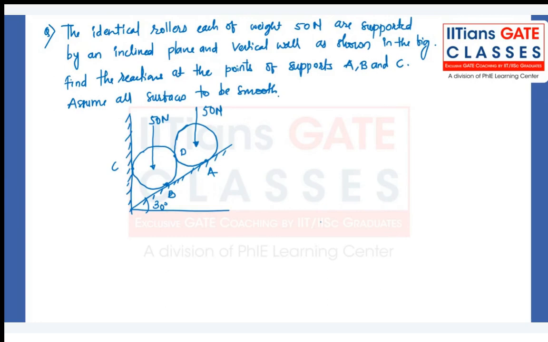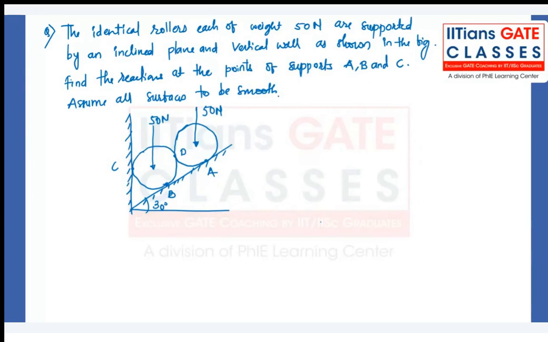Let's solve it now. RC is 25, right? 57.73 is RB.